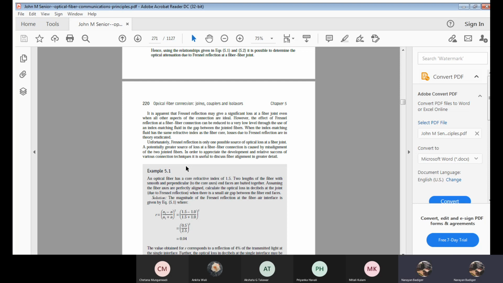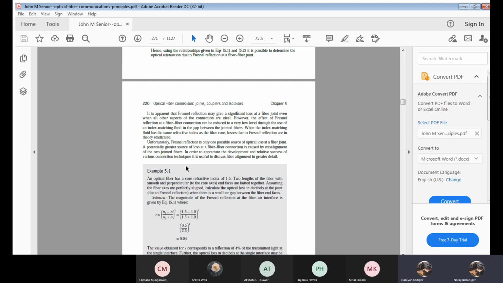On usage of this index matching fluid at the joint, theoretically we may remove the Fresnel reflection or the loss due to it. This is one of the good sources of optical loss at a fiber joint.